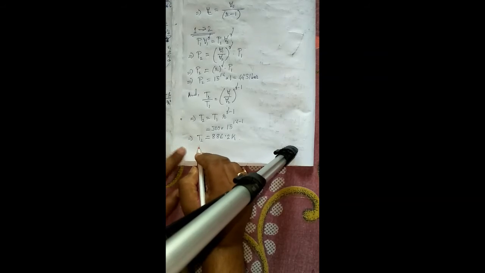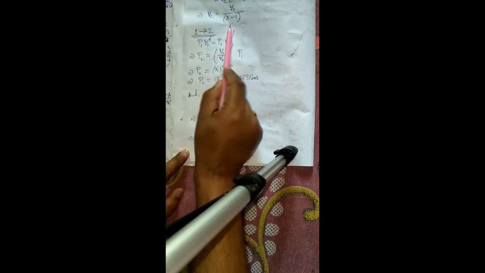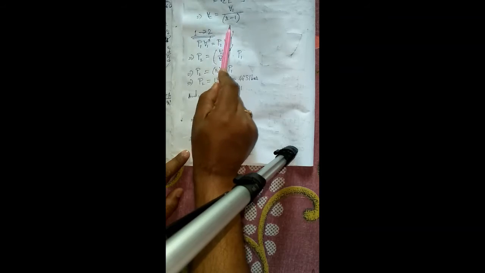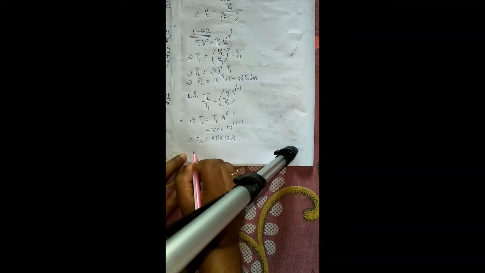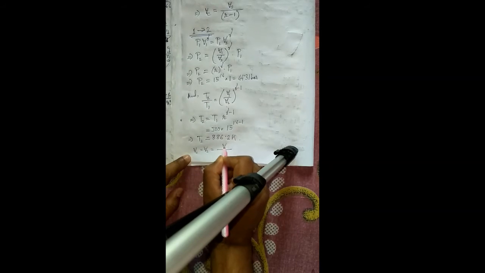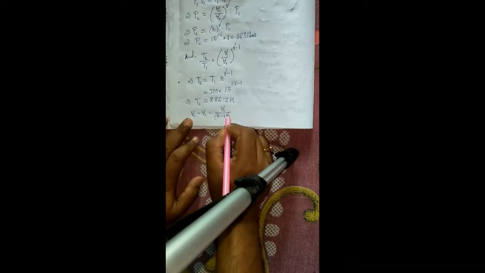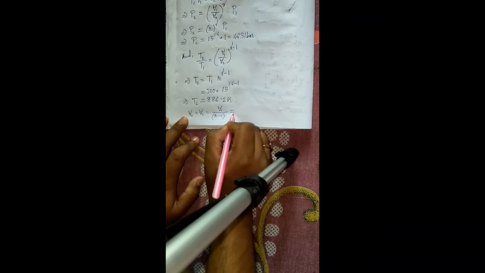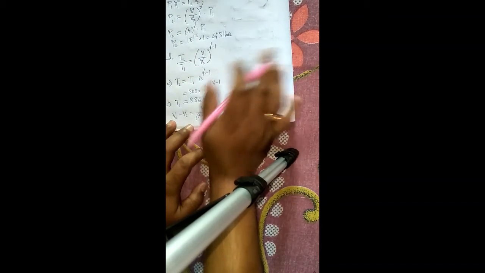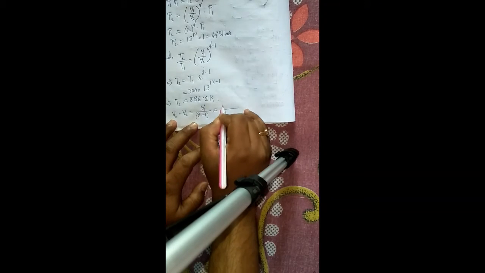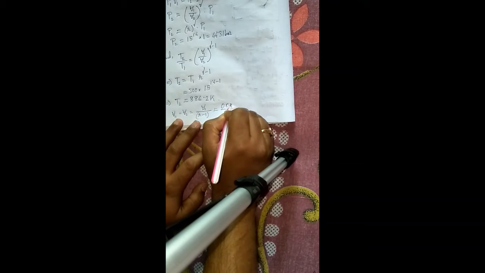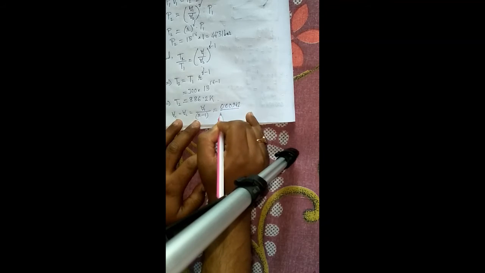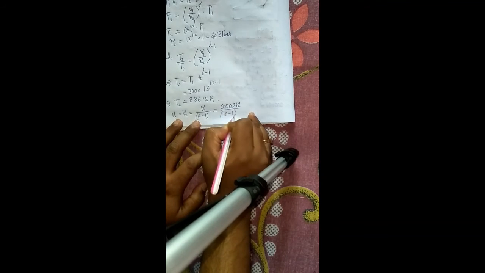The value of V2: from this relation we can find the value of V2, that is Vc equals V2 equals Vs by (r minus 1). So we can write Vs is 0.942 by 15 minus 1.